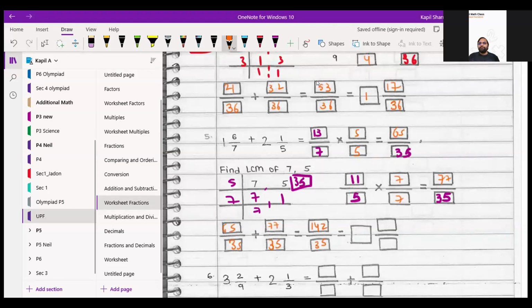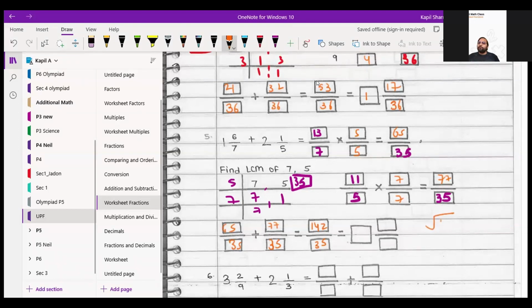Now as a mixed number, Swastik or Parth? Yes, guys, as a mixed number.